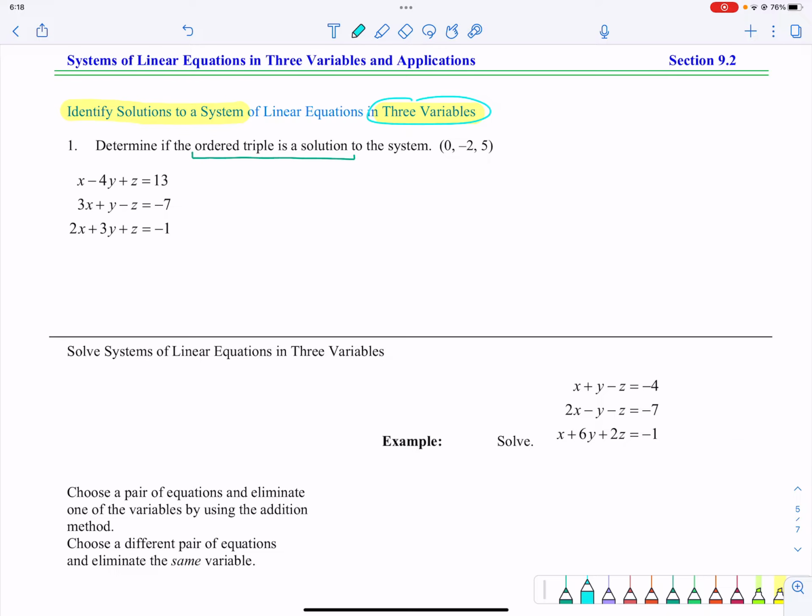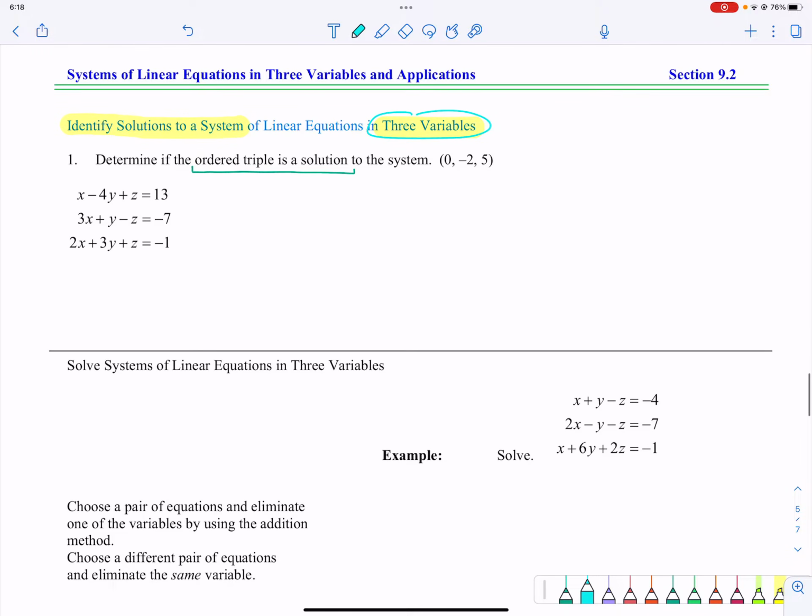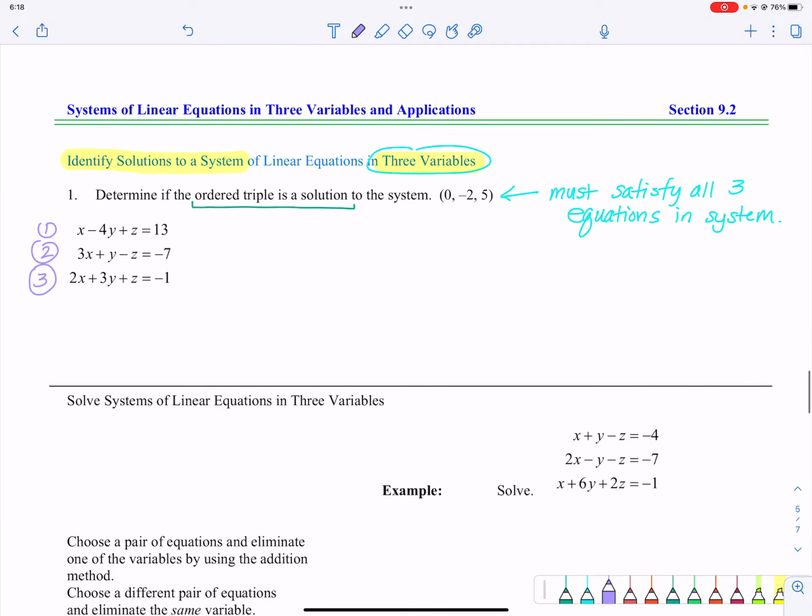As you can see, we have a system here, and this solution must satisfy all 3 equations in the system. So we have equation 1, 2, and 3. So let's just jump right in.